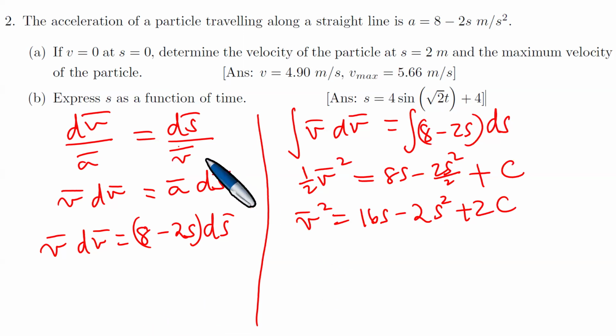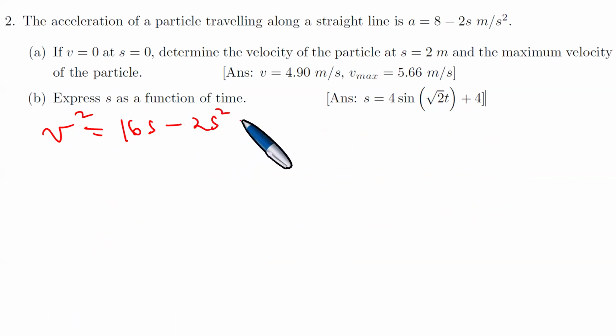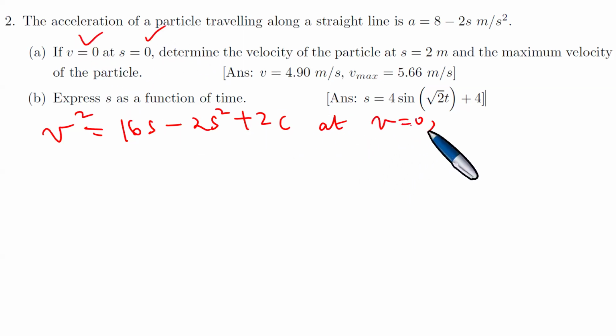Right. So the initial conditions here that we got. So we've been able to achieve that v squared is 16s minus 2s squared plus 2c. At the initial conditions, v0, s0.